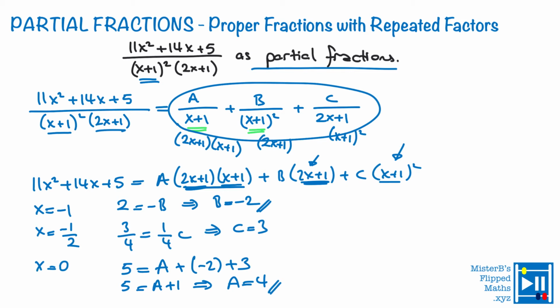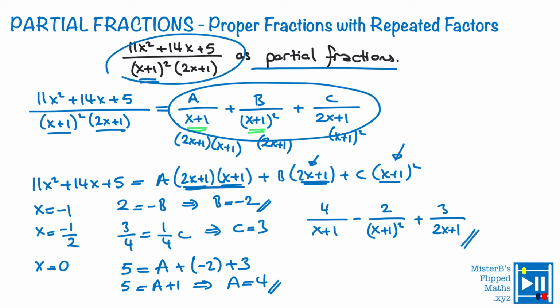So it will be 4 over x plus 1 minus, because B is negative, 2 over x plus 1 squared plus, well, C is positive, so I don't need to change the sign, 3 over 2x plus 1. So that is the partial fraction decomposition of the given fraction here.